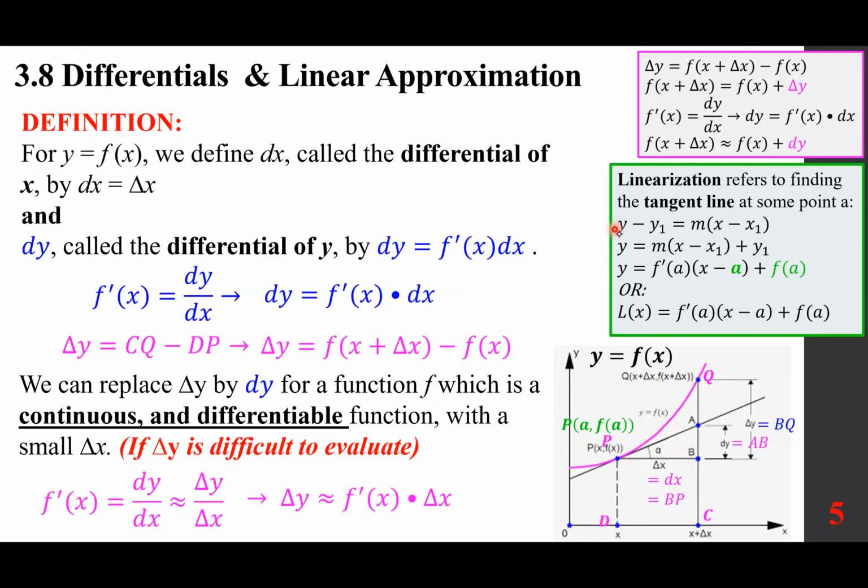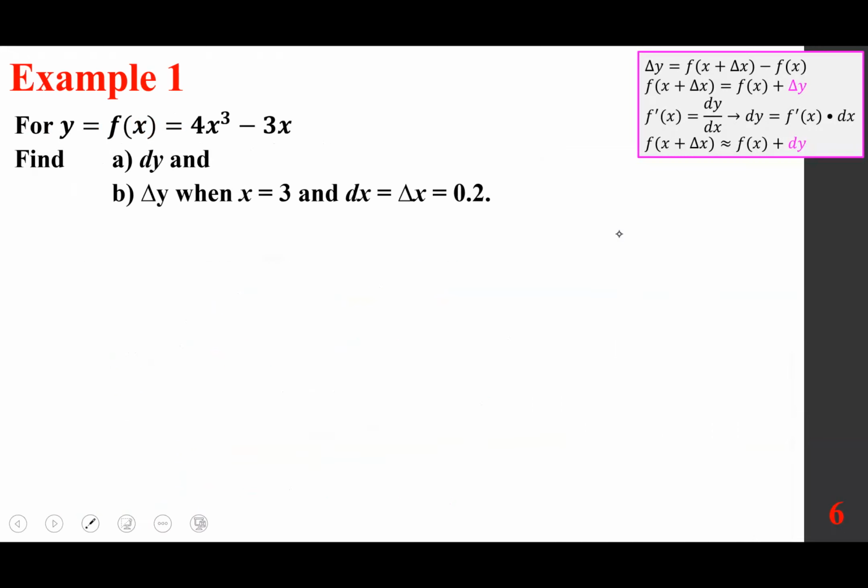Let's look at some examples. f of x is given as 4x cubed minus 3x. We want to find dy and delta y with those values. So first, dy.